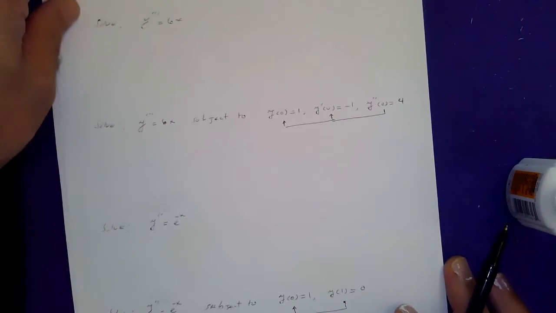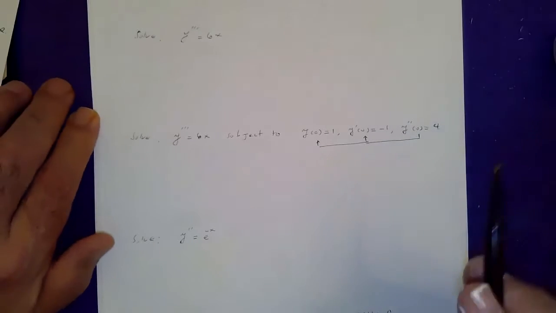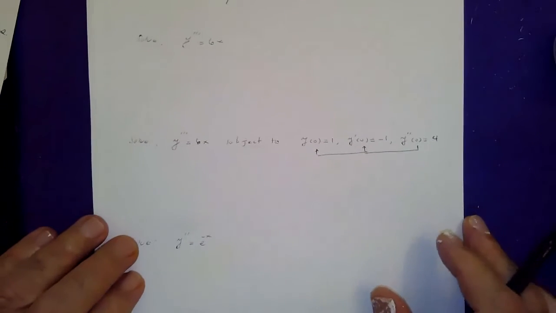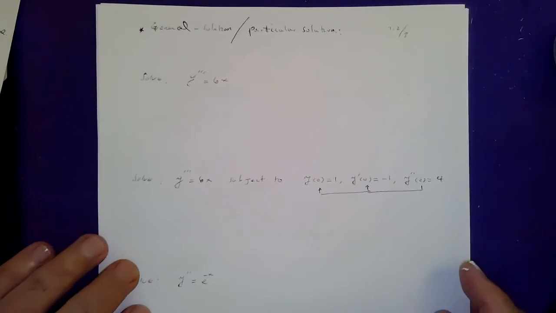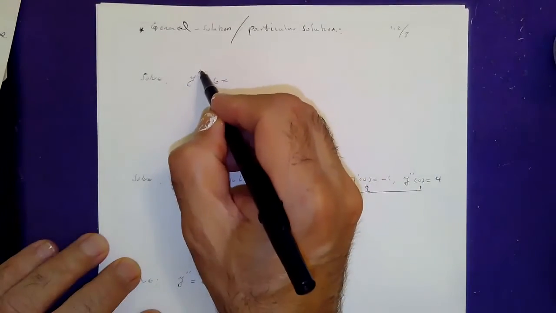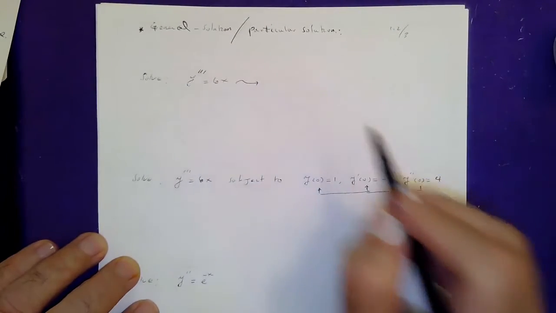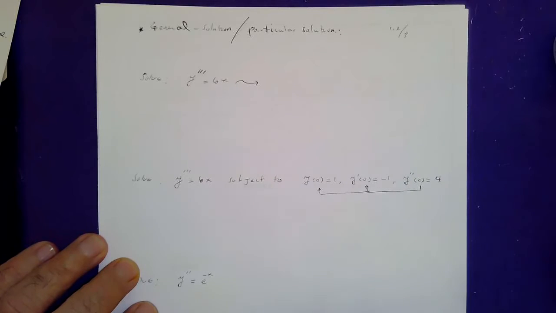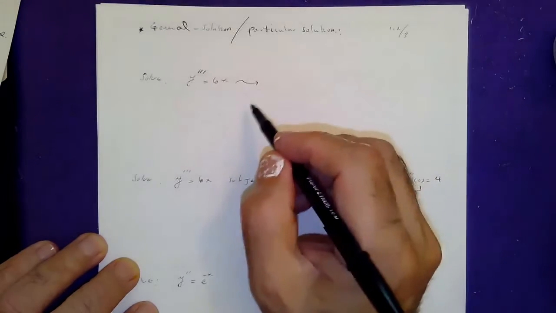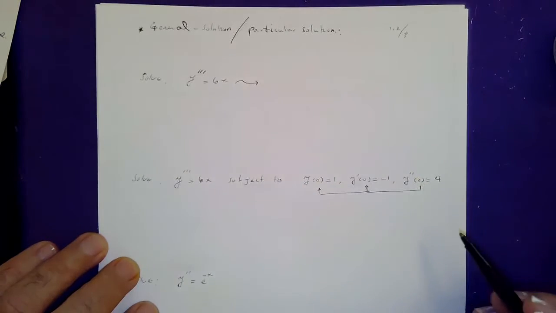Okay, so let's solve some problems, see if we can go from the differential equation to the function itself. So this is y triple prime. I need to really be good at taking integrals, so techniques of integration are highly recommended.